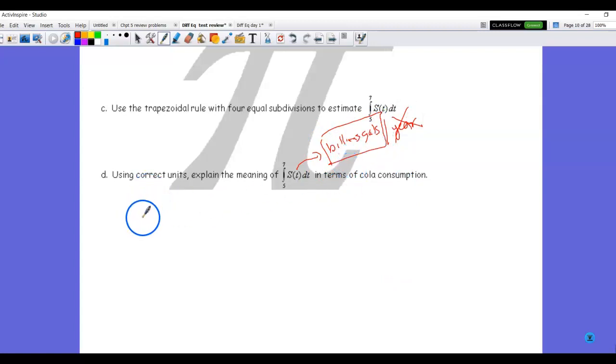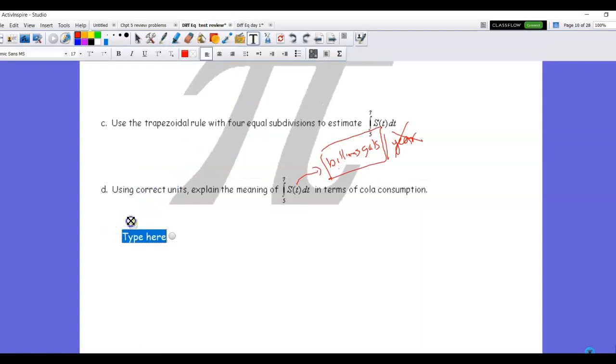So I would say something like, let's type it because it's easier to read, the definite integral indicates the change in cola consumption.